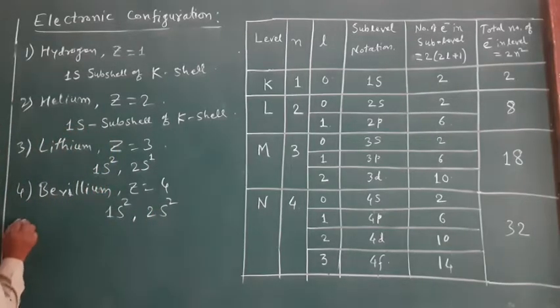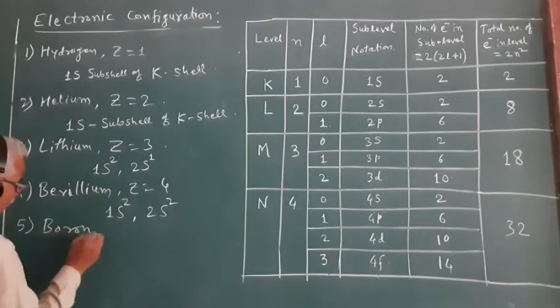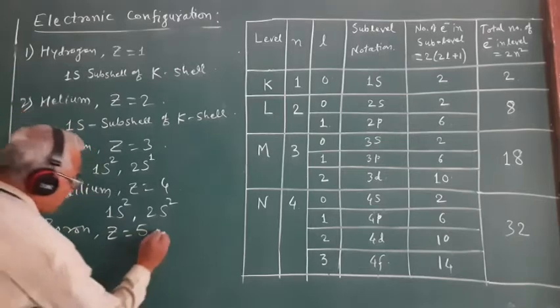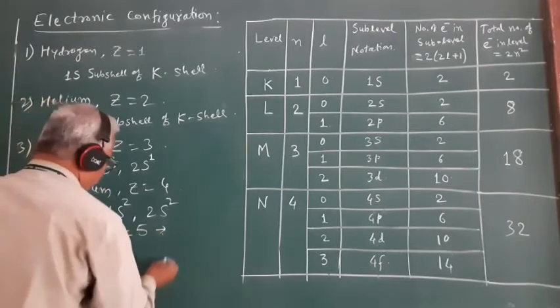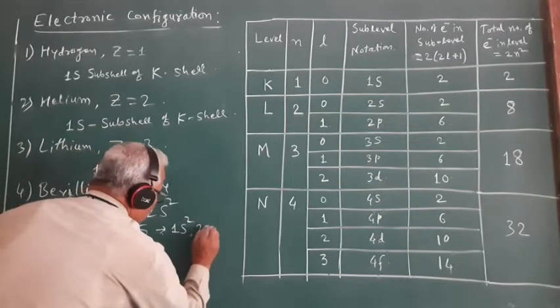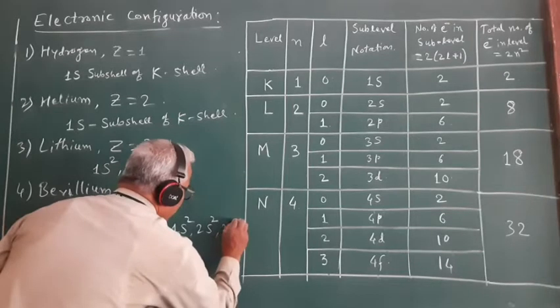Then for boron, the atomic number Z is 5 and the electronic configuration will be 1s2, 2s2 and 2p1.